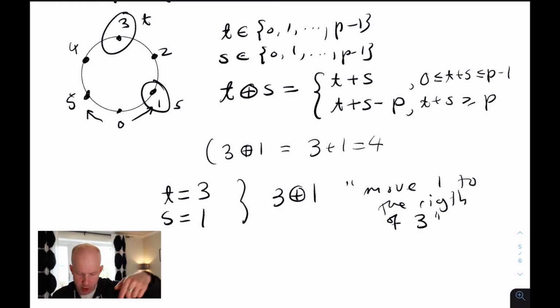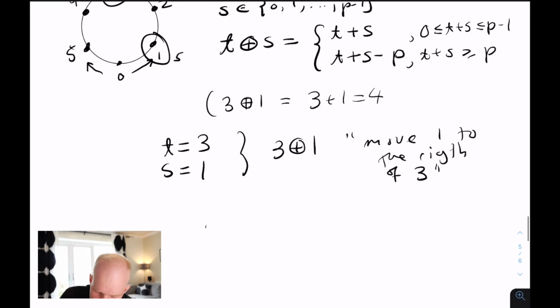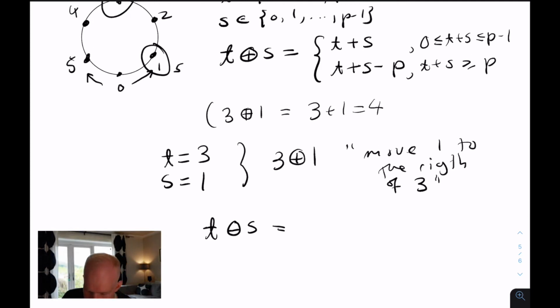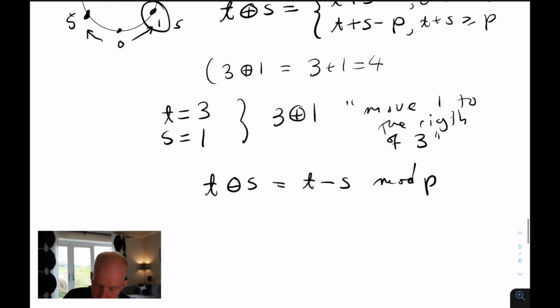So you move around, and in the same way you could define t minus s. Really, this is just t minus s modulo p, because the t plus s that we use as notation here is just t plus s modulo p.